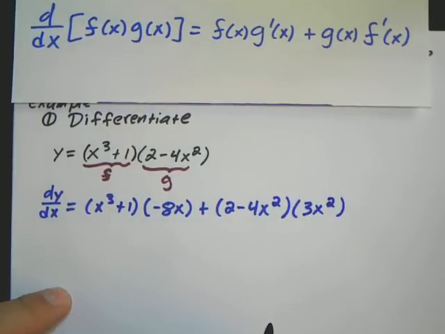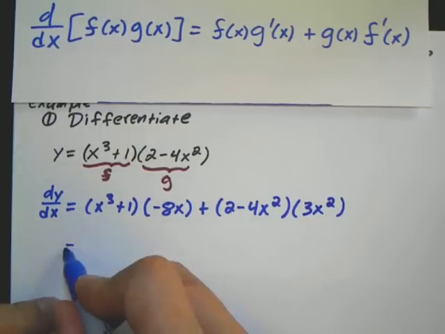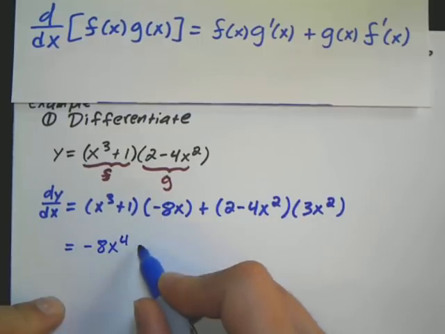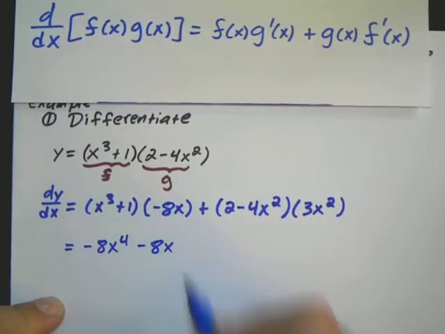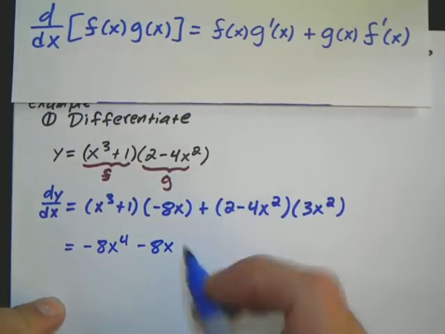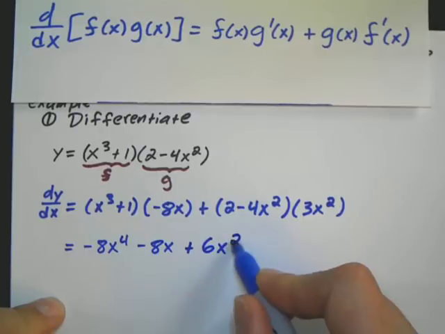Alright. Next I have to simplify this. So what this means is I have to distribute this negative 8x into here. So it's going to be negative 8x to the fourth minus 8x. Distribute this 3x squared into here. It's going to be plus 6x squared.